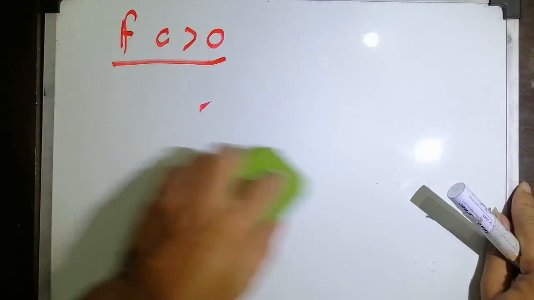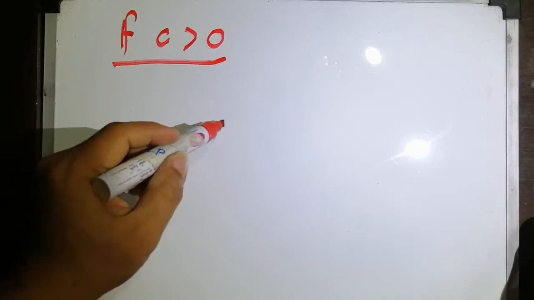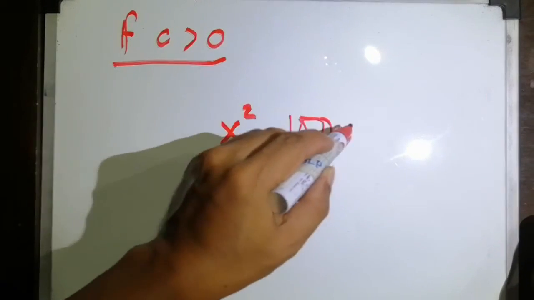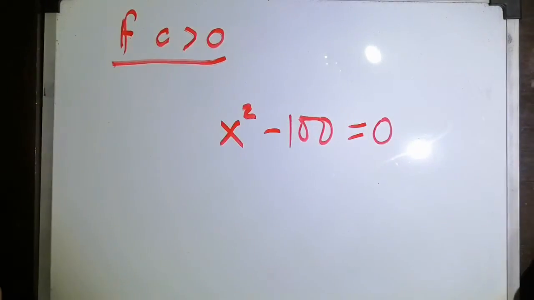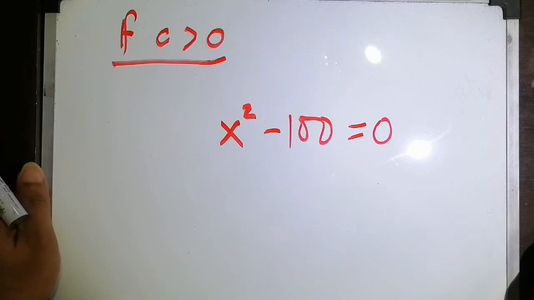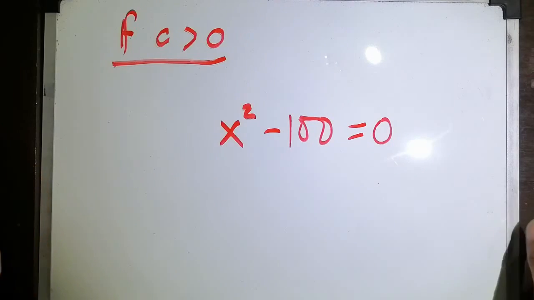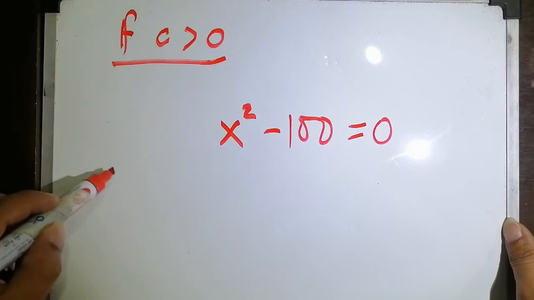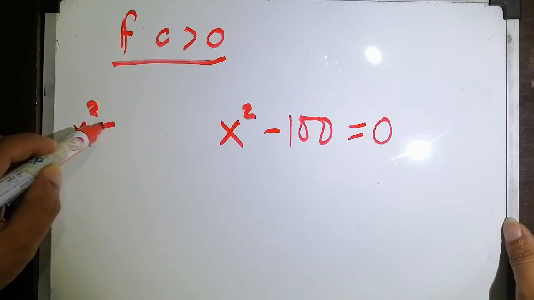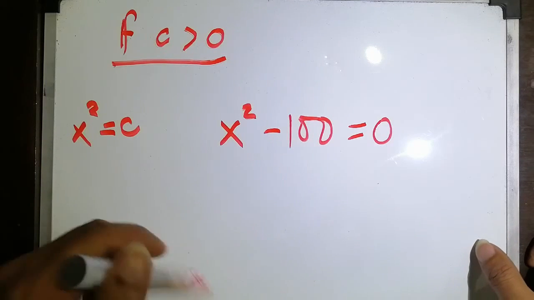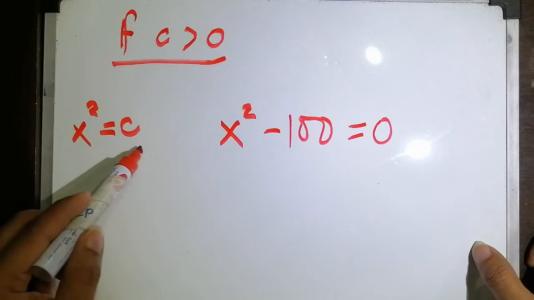Another example, x squared minus 100 is equal to 0. So this time, nakikita nyo na yung ating equation is not in the form of x squared is equal to c. So that's why we have to write this equation into this form.